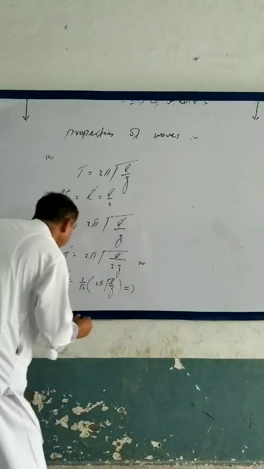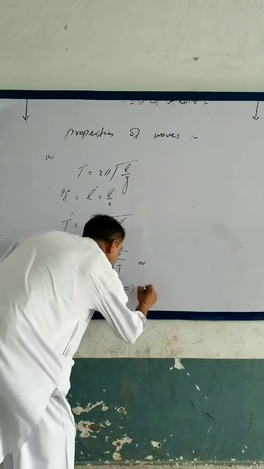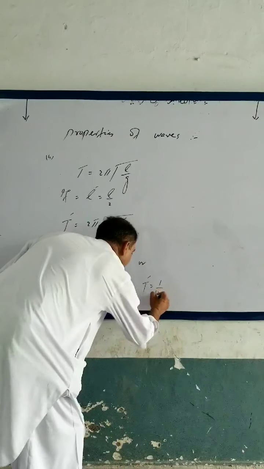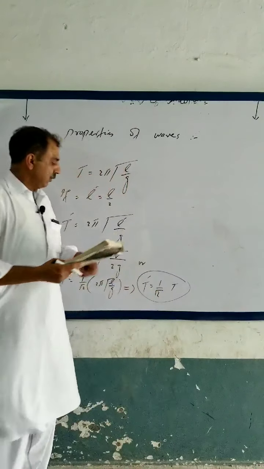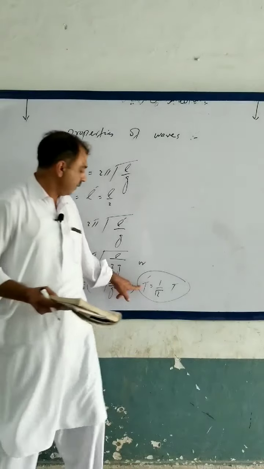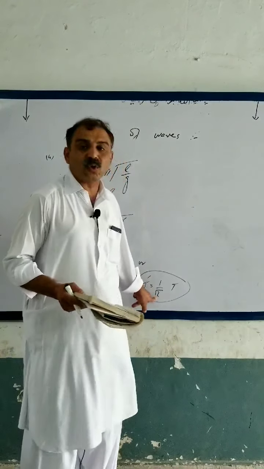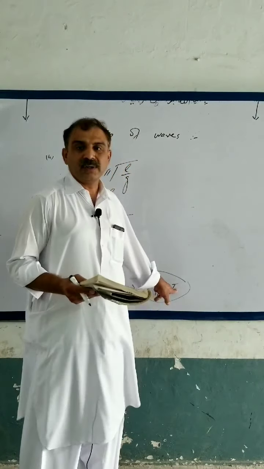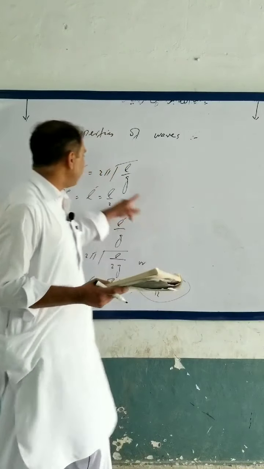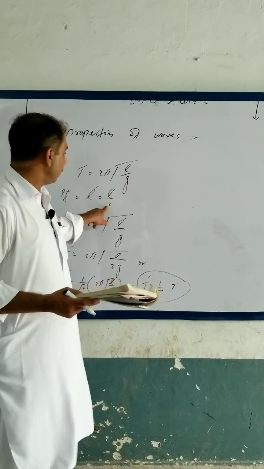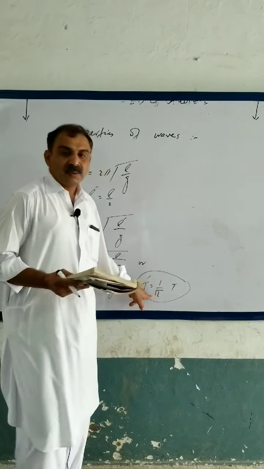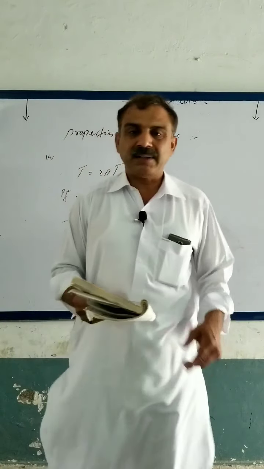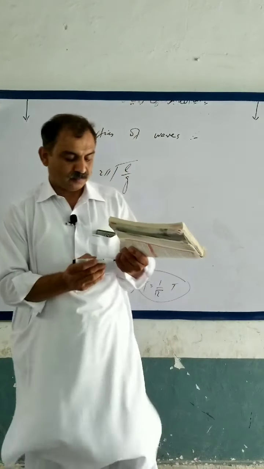This implies T dash is equal to 1 over under root 2 times T. So the new time period will be decreased by a factor of under root 2 from the original time period. When the length becomes half, the time period also becomes less by the ratio of 1 over under root 2.